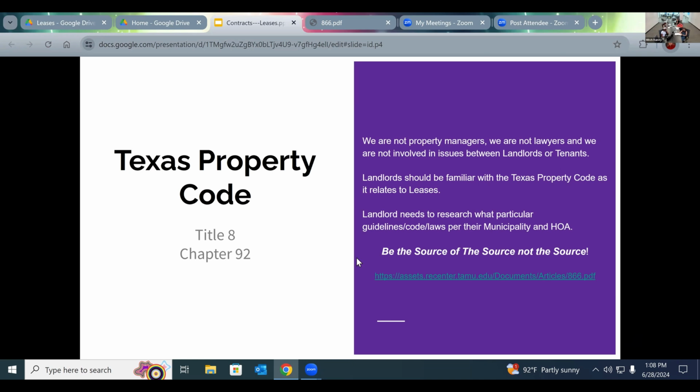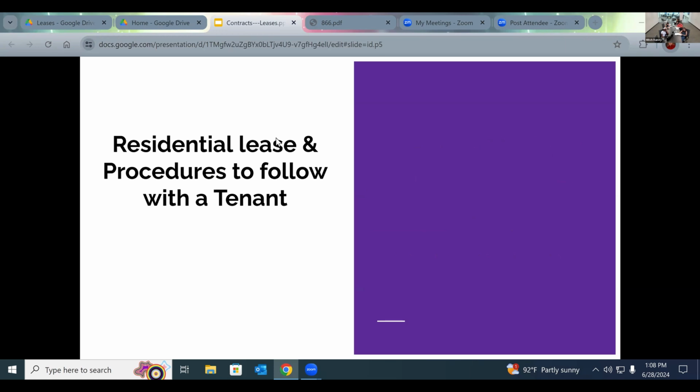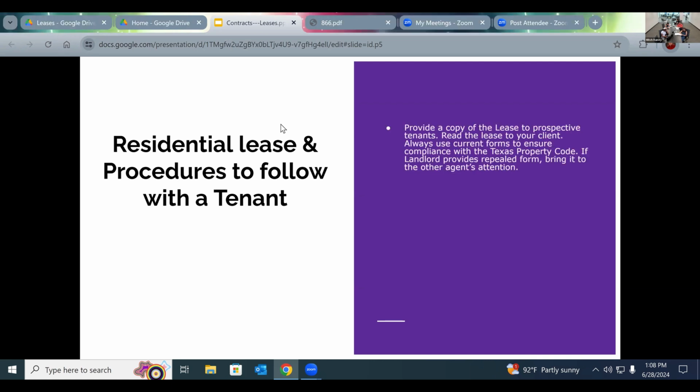You can just Google it, it's just as easy. Texas landlord tenant guide. Okay. Provide a copy of the lease to prospective tenants.